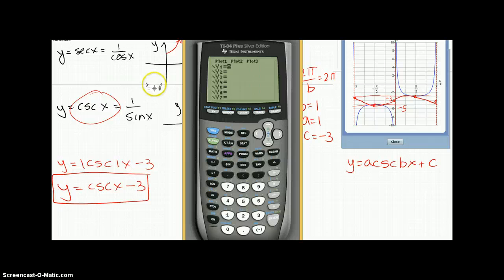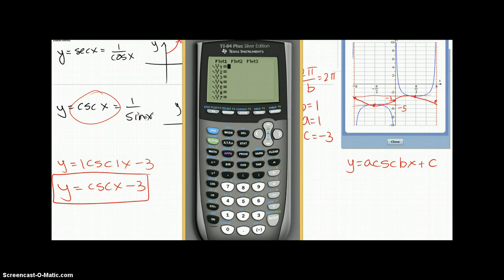If you wanted to test this out to see if it works with the graph and check it on your calculator, you would click on the y equals button. And then you would type in, well, you can't type in cosecant. There's no cosecant here.